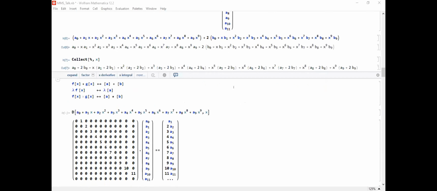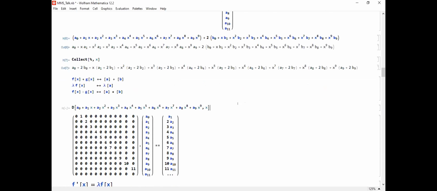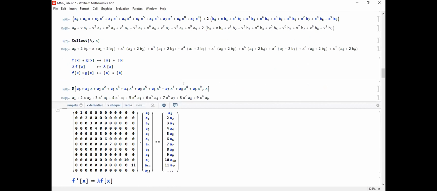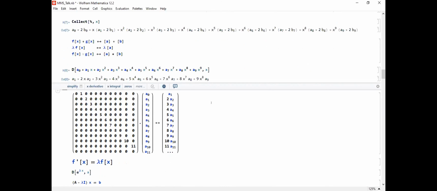Well, let's see what happens when you take a function written as a Taylor series and differentiate it with respect to x. You're going to end up with another vector, so to speak, if you look at these components. Really, what's happening is that you have some kind of matrix applied to the original vector, and the output vector will represent the derivative of f.